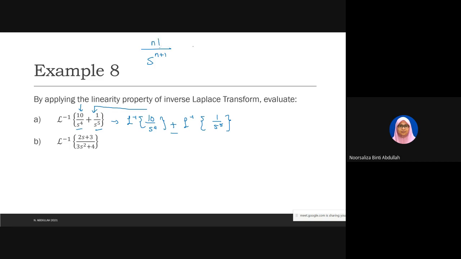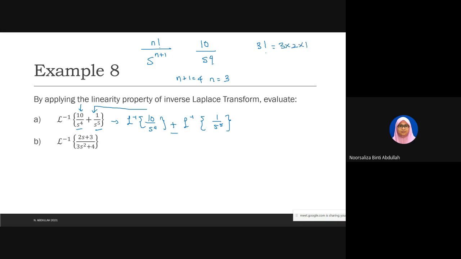So you have 10 over s kuasa 4. So n plus 1 equals to 4 and your n is equal to 3. So n awak 3. So this one is n factorial, which means 3 factorial. So 3 factorial is 3 times 2 times 1.